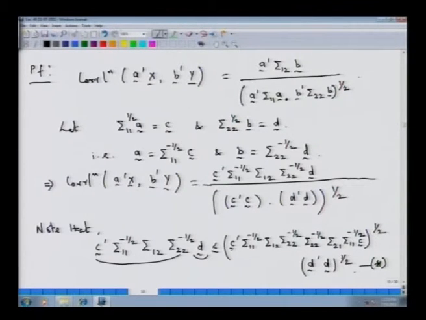So, this is C prime sigma 1 1 to the power minus half sigma 1 2 sigma 2 2 to the power minus half, combining these two matrices, multiplied by sigma 2 1 sigma 1 1 to the power minus half times this vector C. Now, we will see if we can provide an upper bound to this term, which of course is very simple.